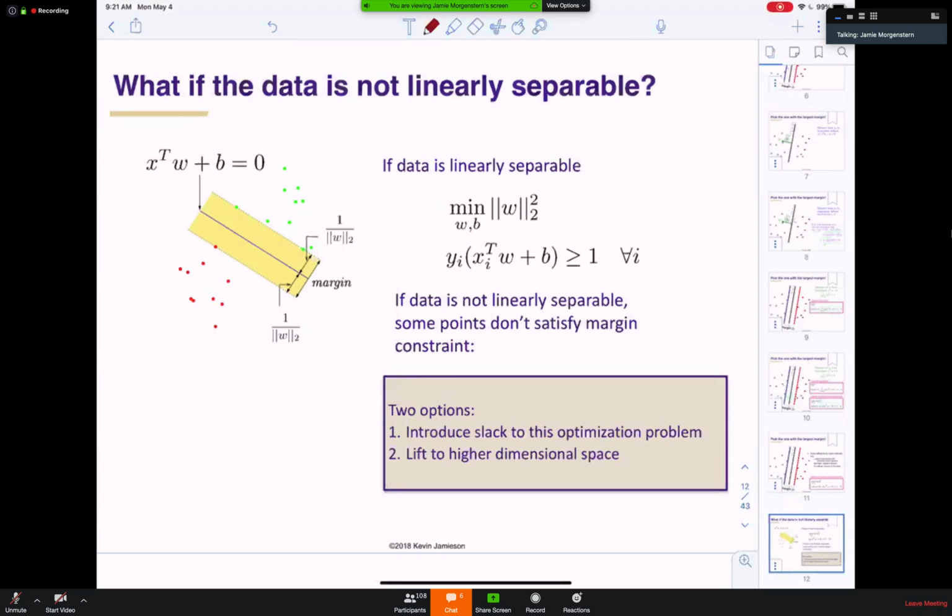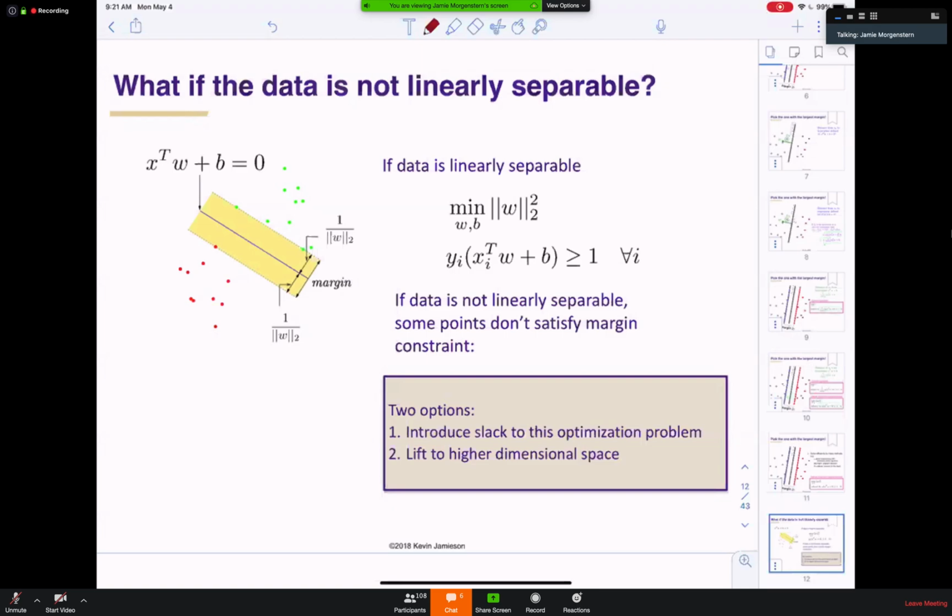And the other, which we talked about when we were talking about linear regression, is the idea that we can take our initial features and do interesting combinations of those features and lift our data into a higher dimensional space. And then maybe in that higher dimensional space, we'll actually see something which is linearly separable, right?